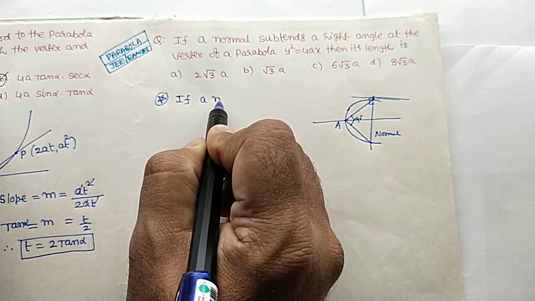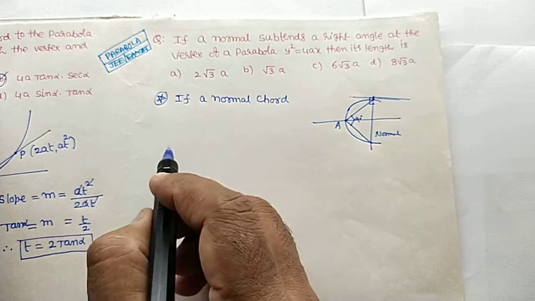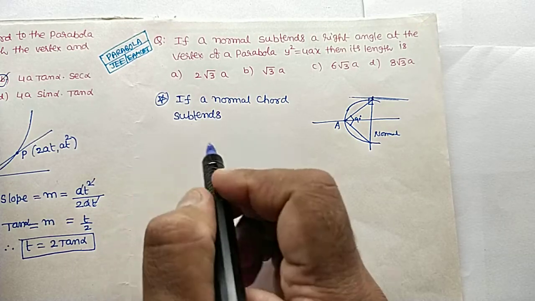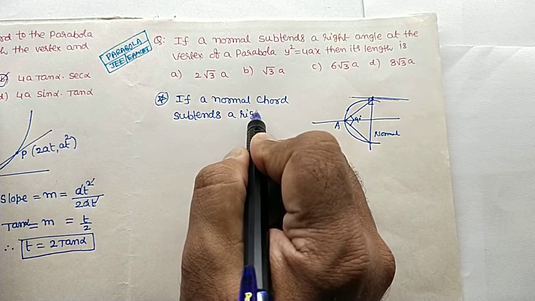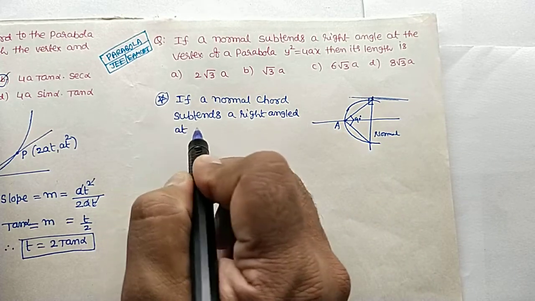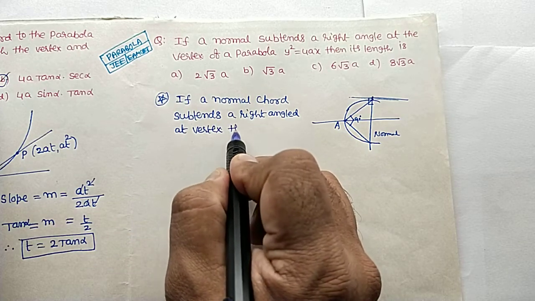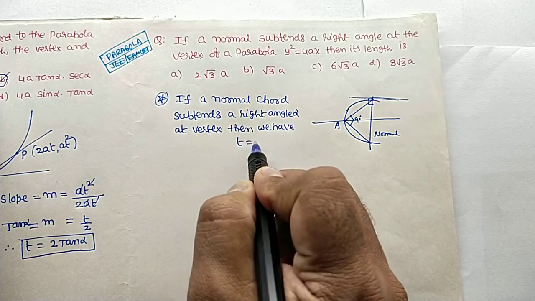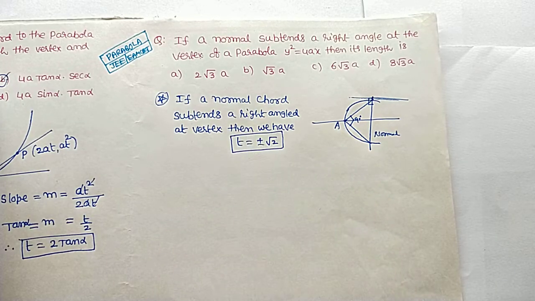If a normal chord subtends a right angle at the vertex, then we have the formula t is equal to plus or minus root 2, which is a very important result in intermediate level.